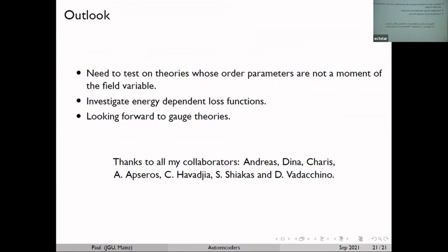And obviously, it would be interesting to study cases where the order parameters are not moments of the field variable, but some more complicated entities, as Sebastian has pointed out in one of his talks on U1, that the Polyakov loop was a non-trivial thing, which would be interesting. So the next thing would be to look forward to gauge theories.